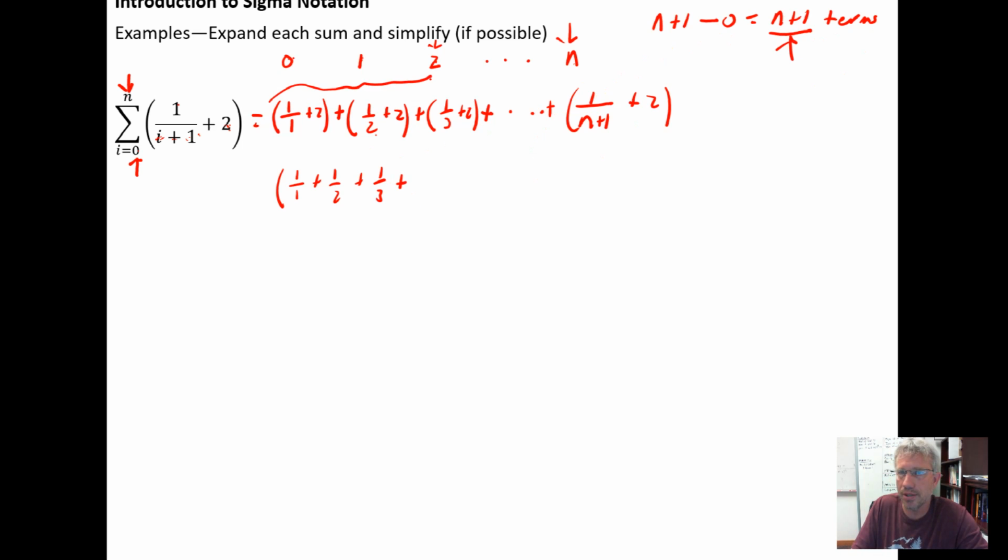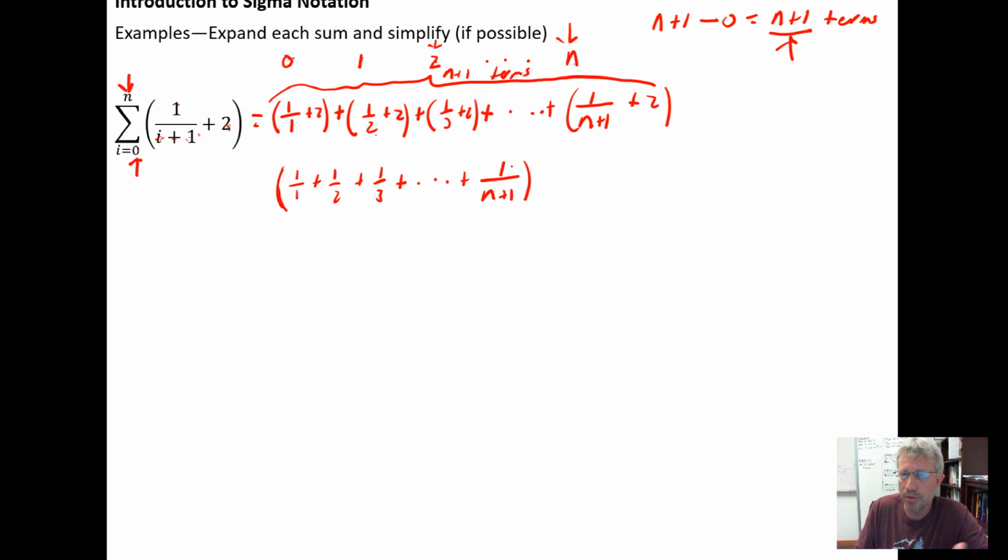This sequence has n plus 1 terms in it. So I can take the n plus 1 fractions that I have, dot, dot, dot. There's an unknown number of fractions plus the last fraction 1 over n plus 1.